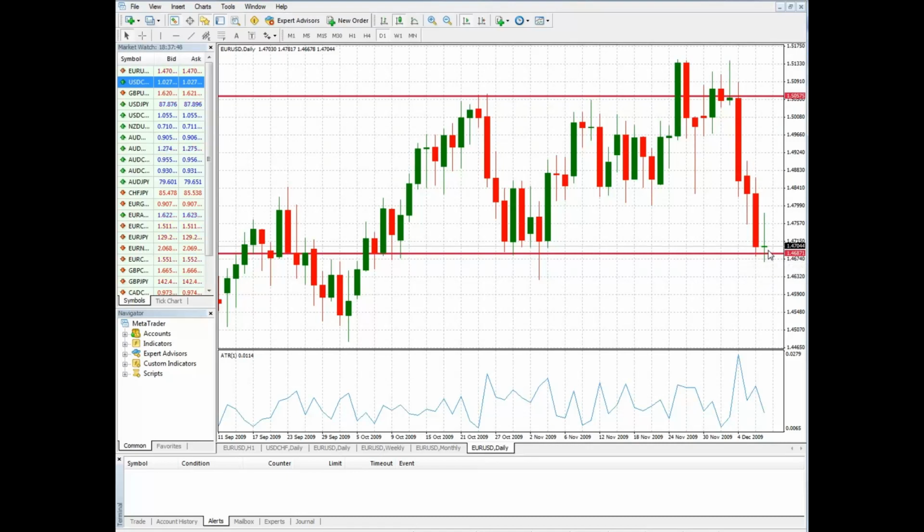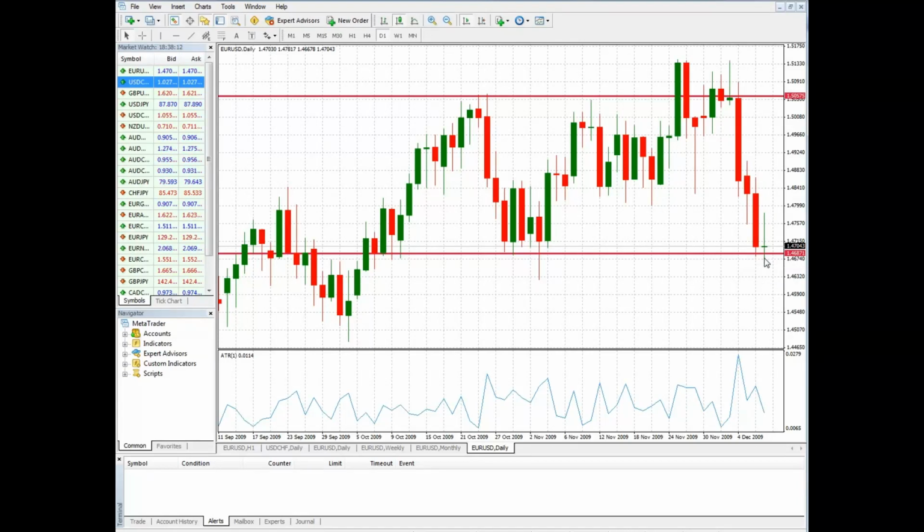Now, everyone who follows support and resistance will be looking for things to stall out at this particular level. And as you can see, they did, because we had a big bounce up, well, it was past the halfway point of the previous day. We had a big bounce up, and then we started back down again.